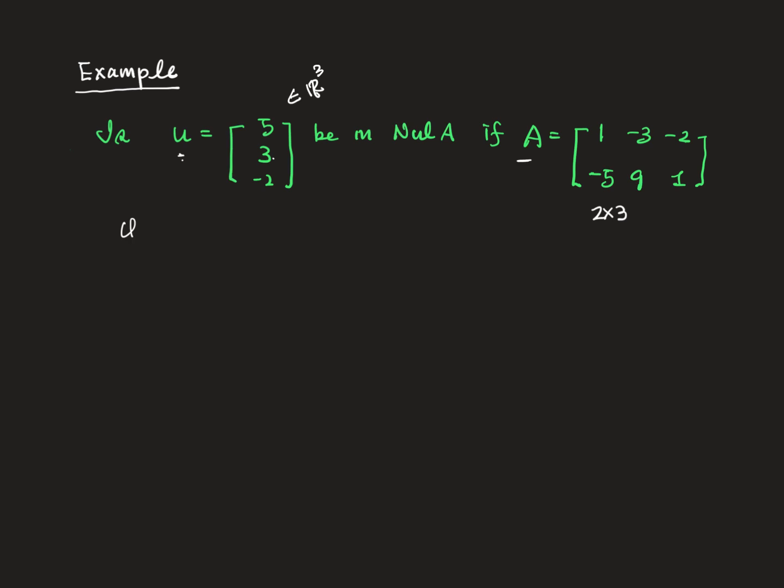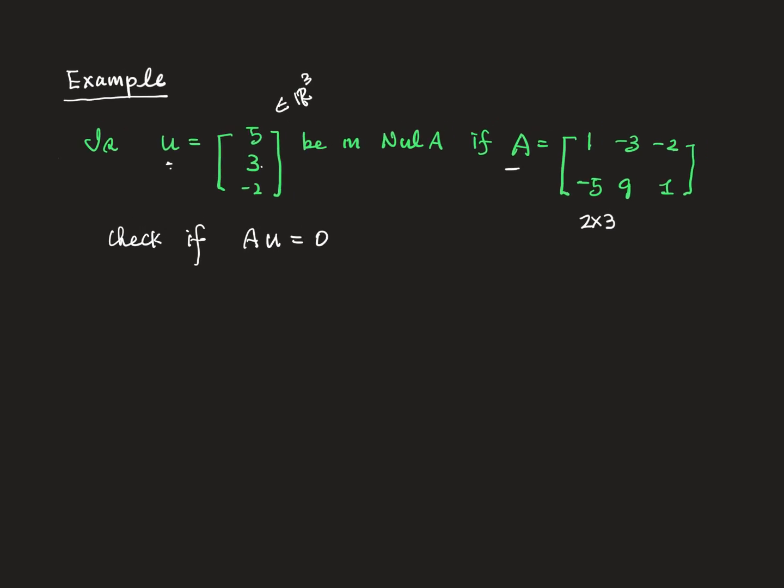You have to check whether u is a solution of the homogeneous matrix equation, that is, whether Au equals 0. If u is a solution of the matrix equation, then you can say u is in the null space.